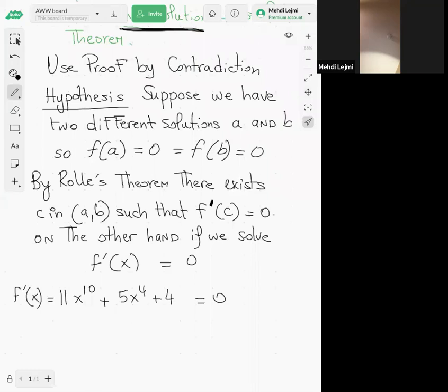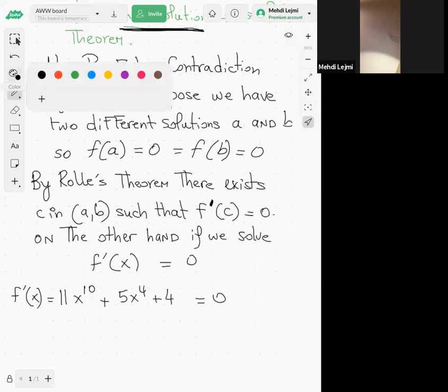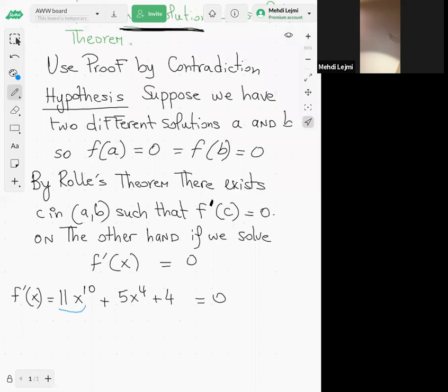On the other hand, if you try to find the solutions of f prime of x equal to 0, you see here this is x to the power 10. 10 is even, and this power 4 is also even.